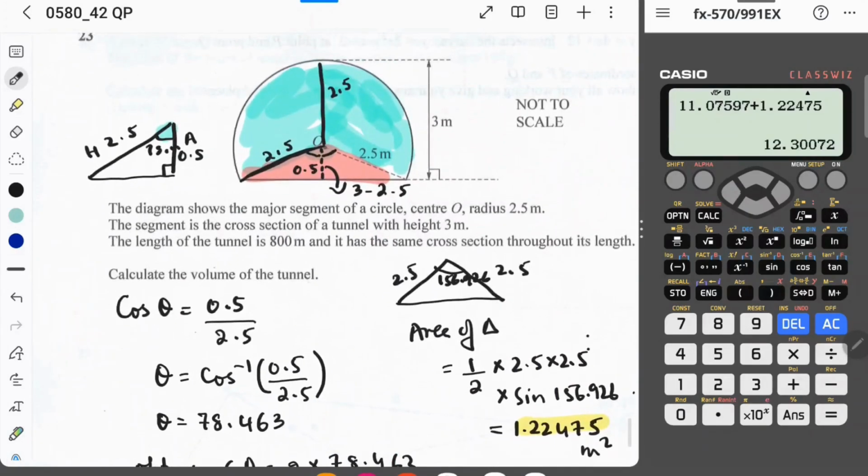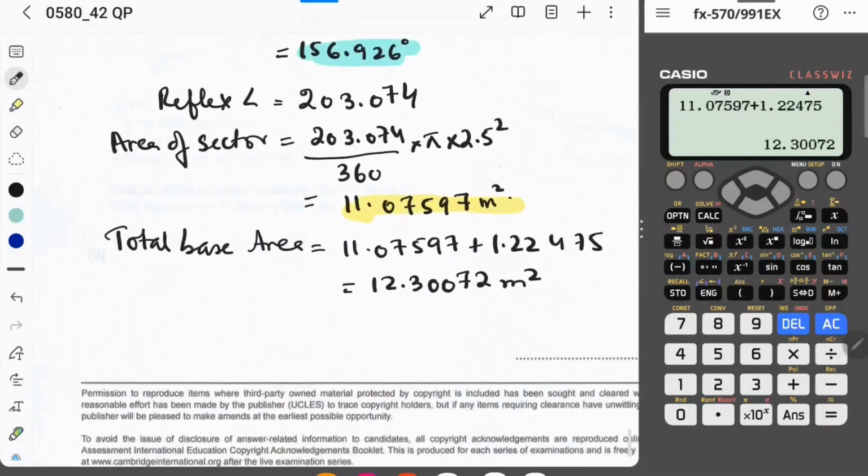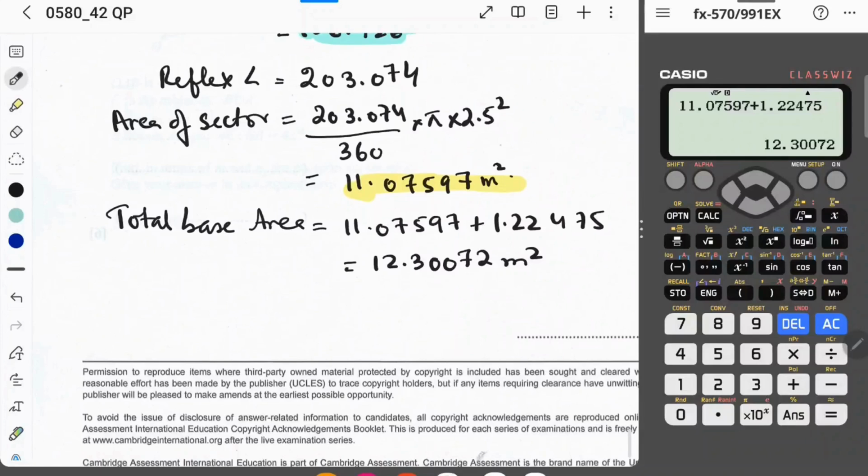And now they have already told us that 800 is the height of this prism. The base area multiplied by height is the volume of a prism.